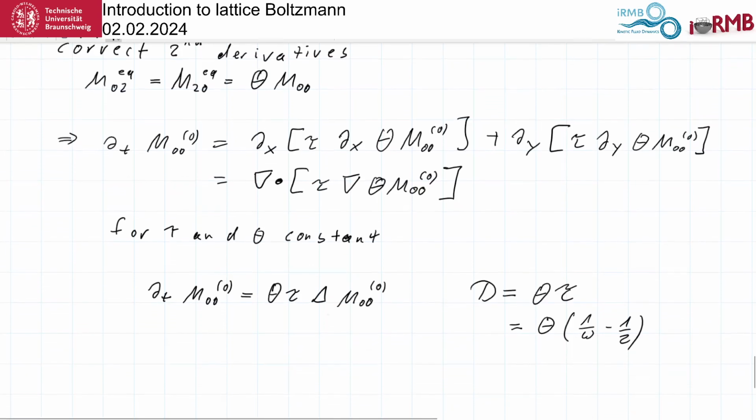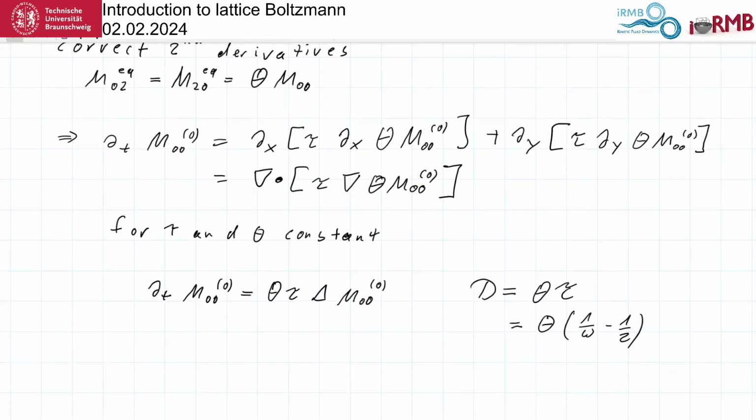So, are we done? Well, not quite, because we have our equation, that's nice, but we have not specified everything in our code yet, because we also have moments that apparently we don't need. So what about the moments?